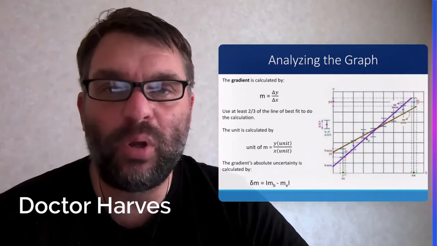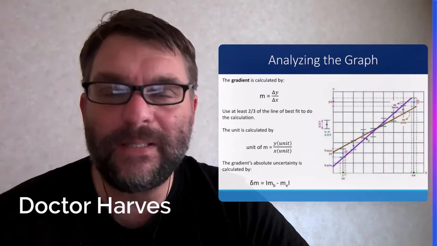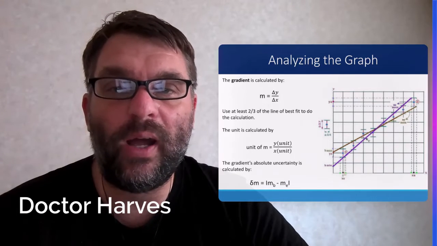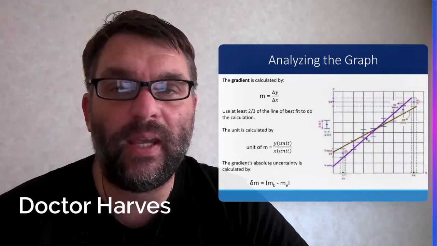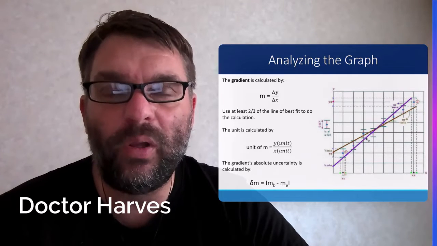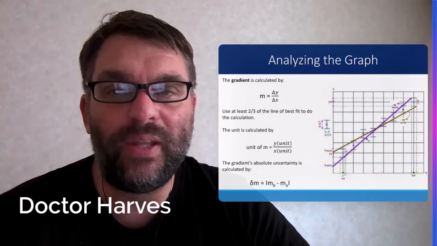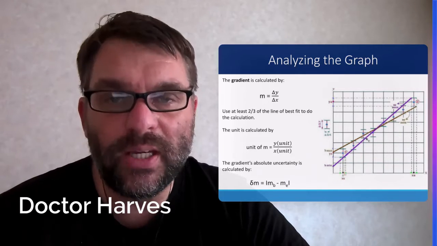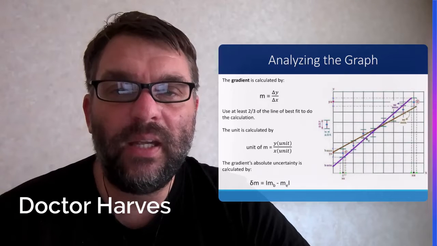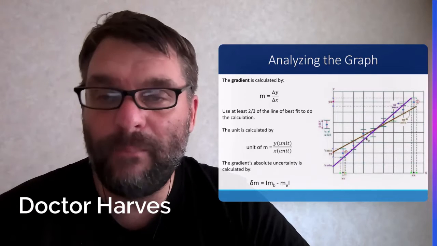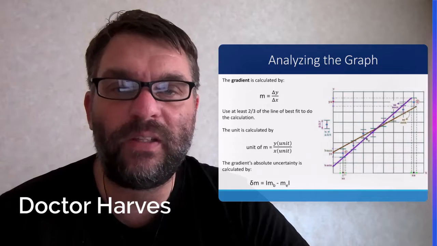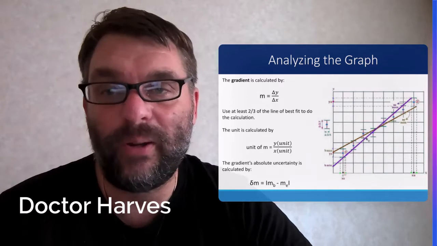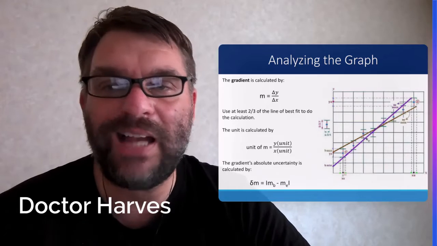And if you're doing a hand plot, that'll be 2/3 the line of best fit. And the unit, which you will also require, will be essentially the unit of the y variable divided by the unit of the x variable. And to calculate the uncertainty of the gradient, it is essentially the absolute value of the gradient of the line of best fit minus the gradient of the line of error that you've chosen. Remember, it has to be the largest one.